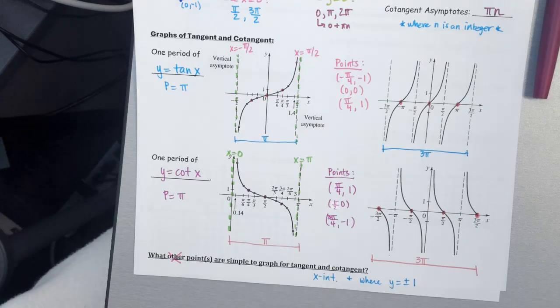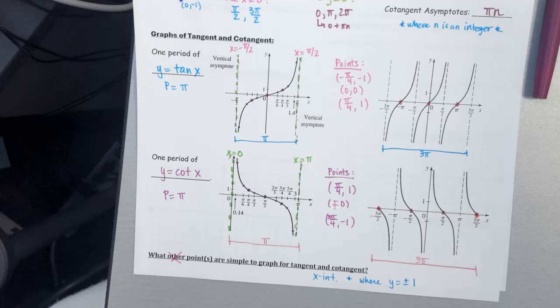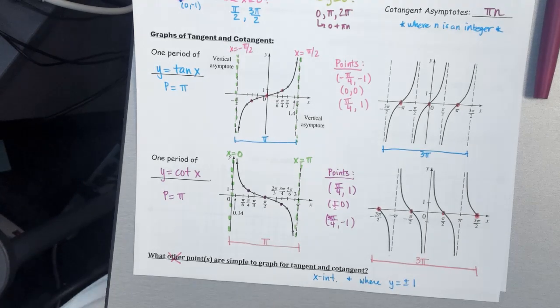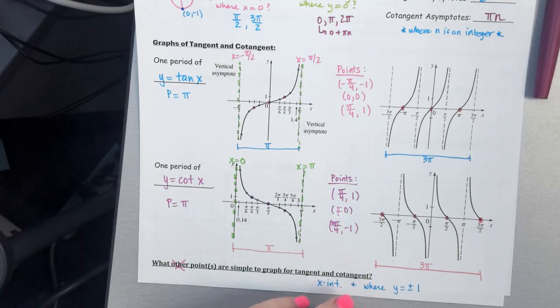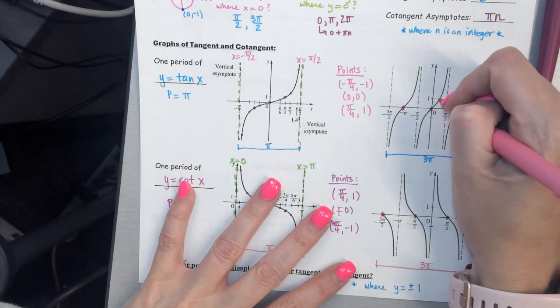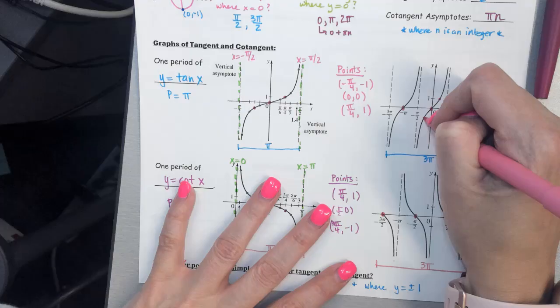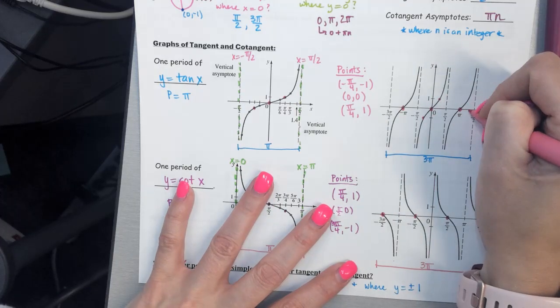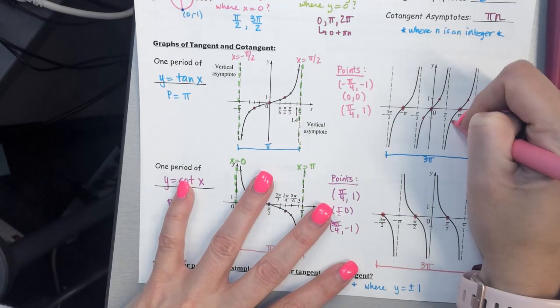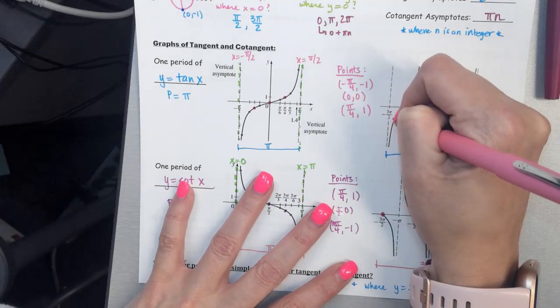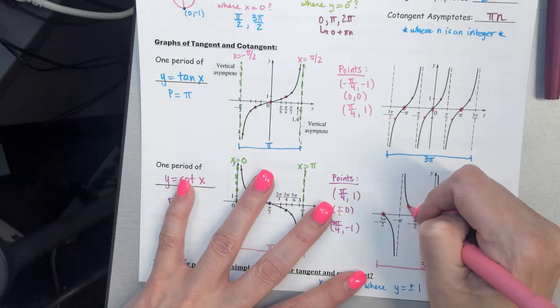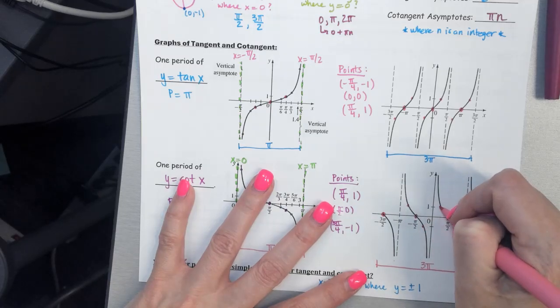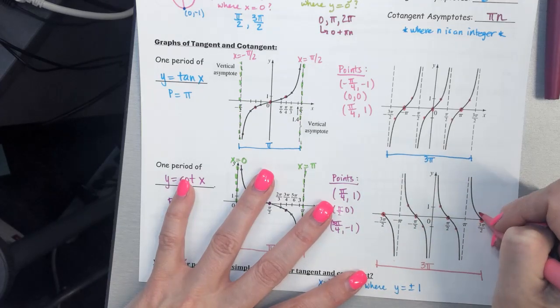So we're going to be using the parent functions to help us with those transformations. Again, anytime you graph, you are going to graph with 3 points. So the other points you would graph would be here at 1 and negative 1, 1 and negative 1. Okay, so you're always going to be using those 3 to help you curve them.